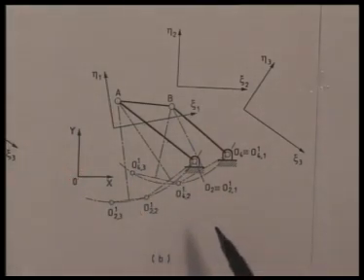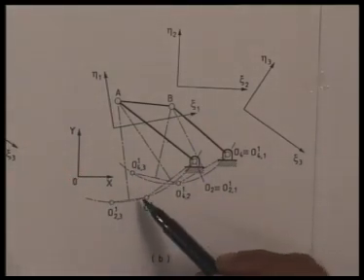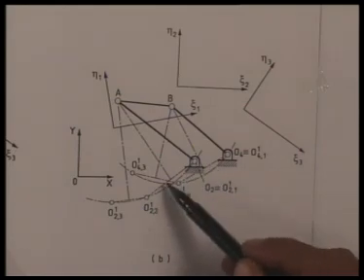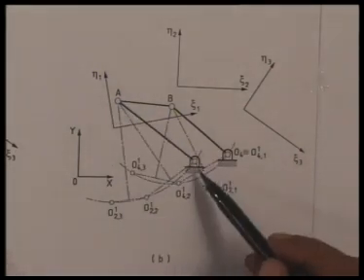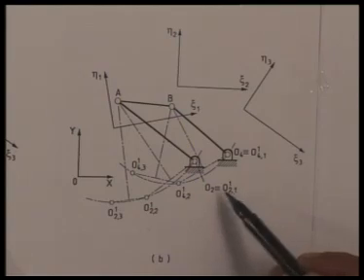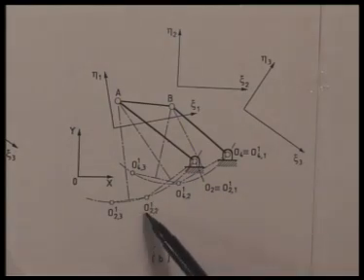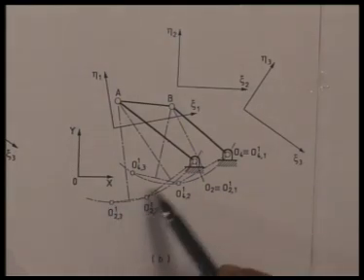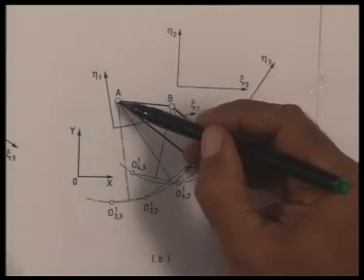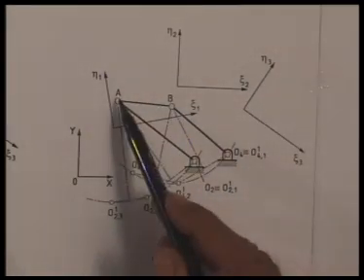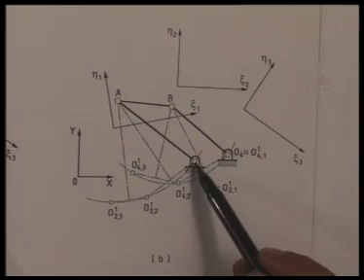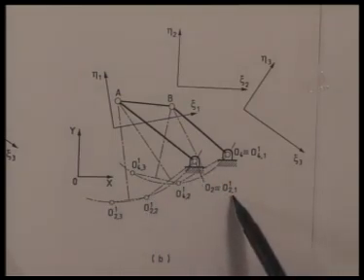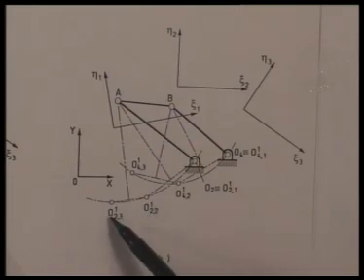Now the rest is simple. I determine the center of the circle by drawing these two perpendicular bisectors of O2 1 1, O2 2 1 and O2 2 1, O2 3 1. These two perpendicular bisectors intersect here, which is the center of the circle passing through these three inverted positions of O2, namely O2 1 1, O2 2 1 and O2 3 1.